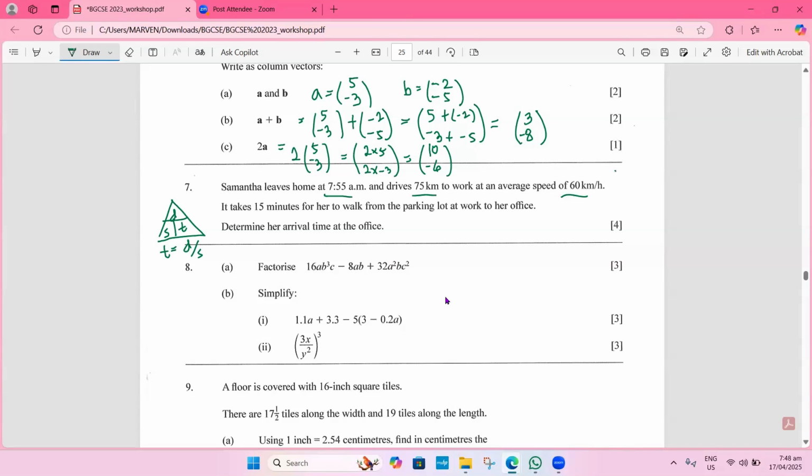So to get the time that she traveled, we need to divide the distance, 75 kilometers, by the speed, 60. And the time will be 1.25 hours.